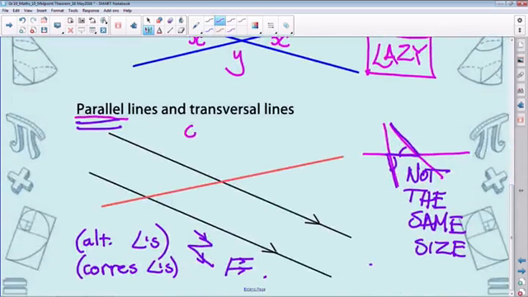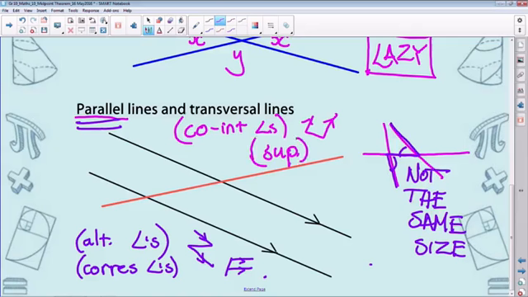Now I'm writing it up here because they are slightly different. The other two are equal to each other, but co-interior angles are not equal to each other. Can you remember there is a special relationship? They add up to 180 degrees, which means they are supplementary.